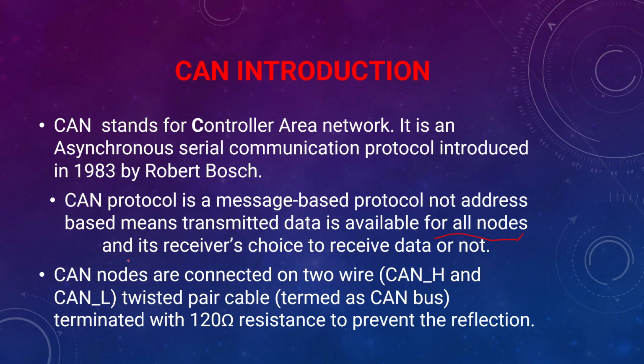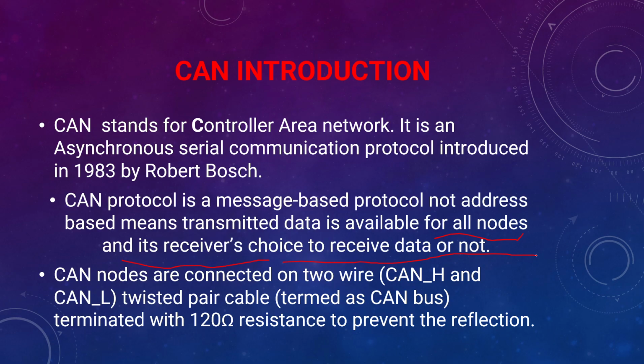In this CAN protocol, which is message based, the transmitted data is available to all the nodes, and the receivers choose to receive the data or not. Whatever happens on the receiver side, the receiver has to choose whether the data is received, how it is received, and whether there are any errors. This process is done by the receiver side.